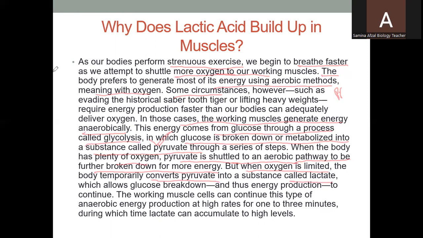Otherwise, the pyruvate should be converted into other products. But when the body is respiring anaerobically, pyruvate is converted into lactic acid, and lactic acid is stored in different parts of our body.